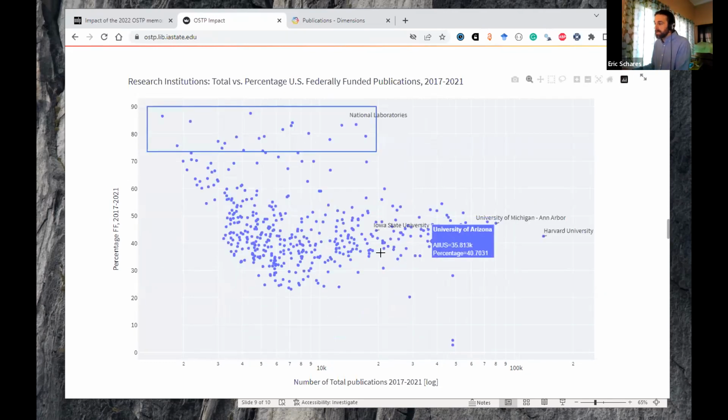I did highlight Iowa State just because I had an interest in that. But you can spend time in here looking around at maybe your peer institutions or using that search and turn your specific campus red and better understand how your local situation will be affected by the OSTP guidance.